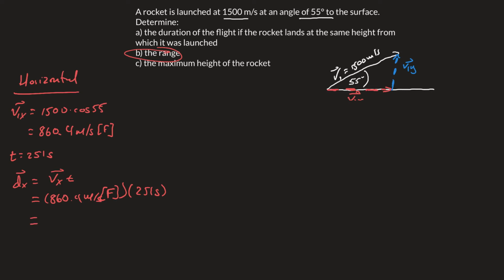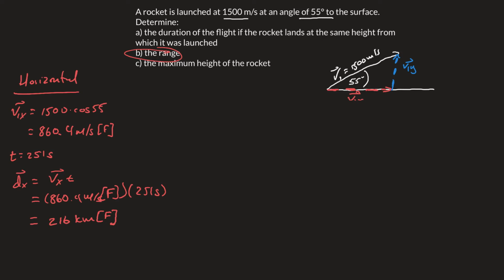And that gives us a rather large number, in the 200 and some odd 100,000 meters. So we can simplify that to 216 kilometers in the forward direction. Okay, make sure that your units make sense. If you're going to be in the neighborhood of 200,000 meters, well, you're probably better off using kilometers.